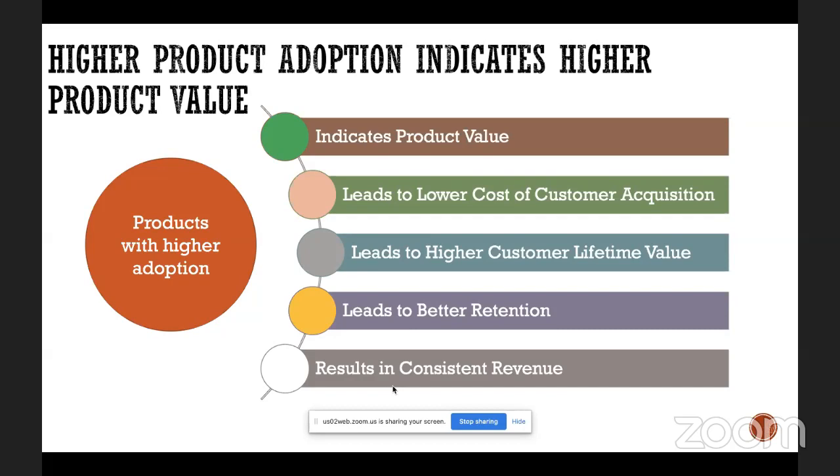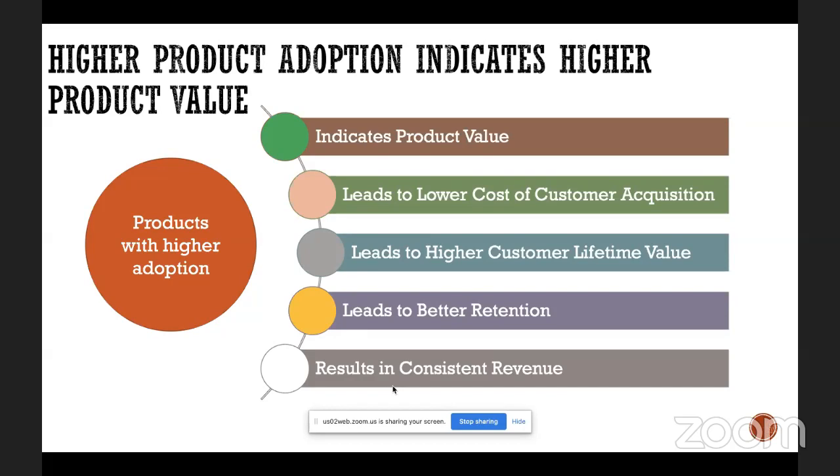It leads to a higher customer lifetime value. If it's a product where your customer is required to do any action, you can see that the customers will keep on doing that more and more, and in the entire customer lifetime they'll derive a lot of value.